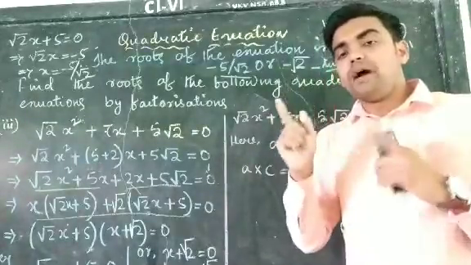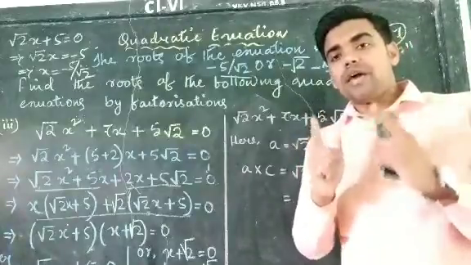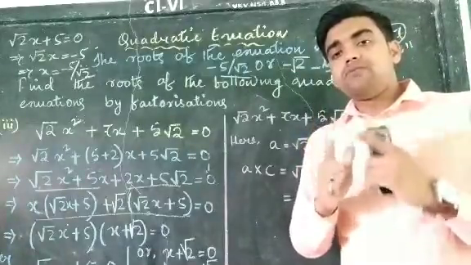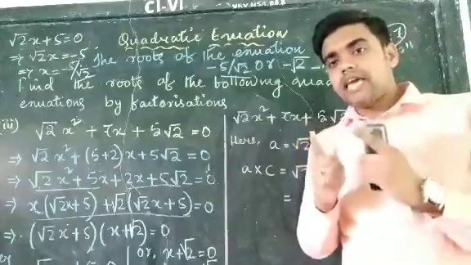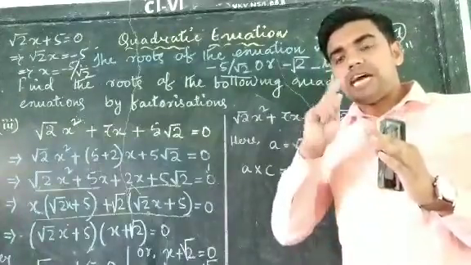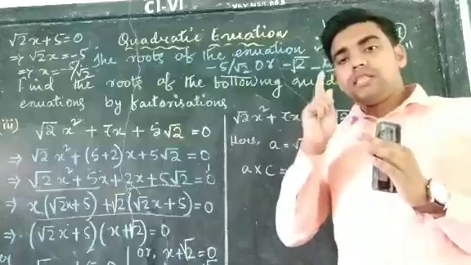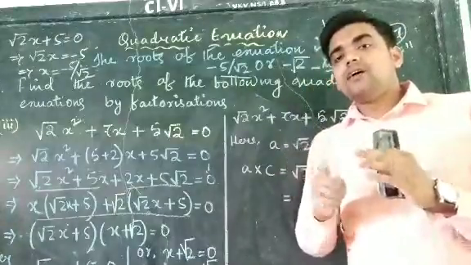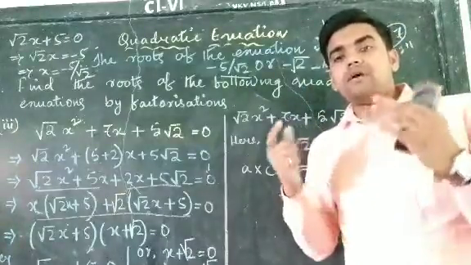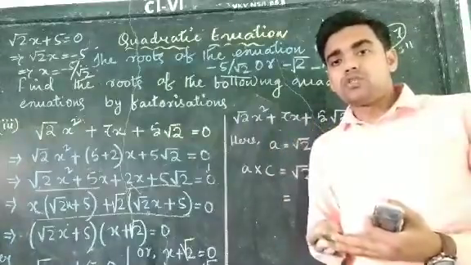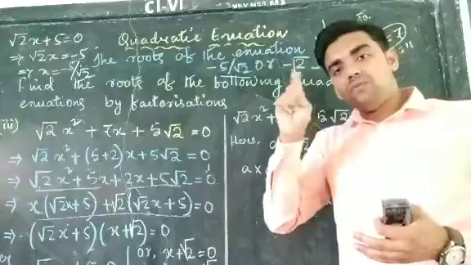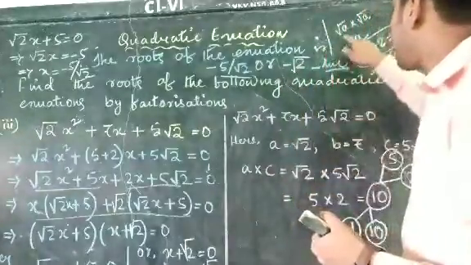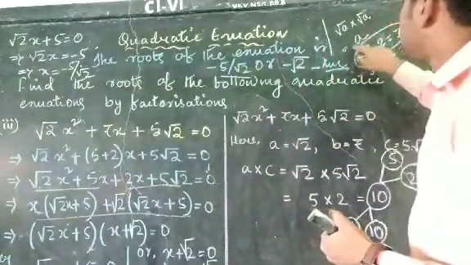But one thing should be remembered: when we multiply root terms, the things inside both roots should be the same. Then the root will be removed and the remaining term inside the root will be the same. So root a multiplied by root a equals a.